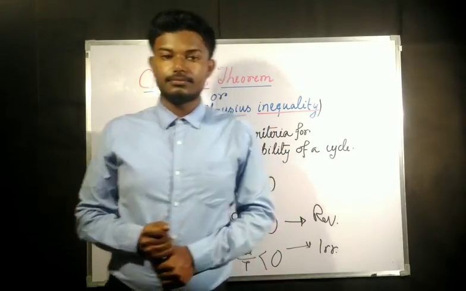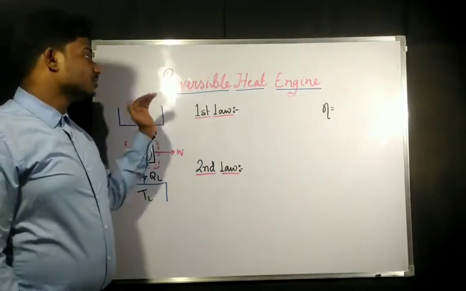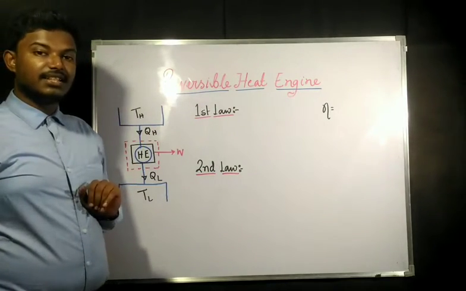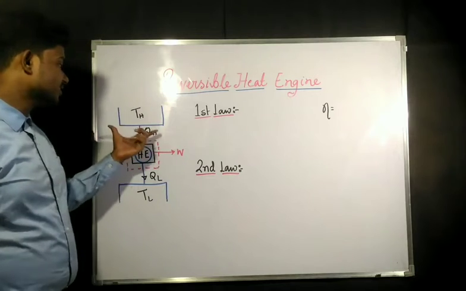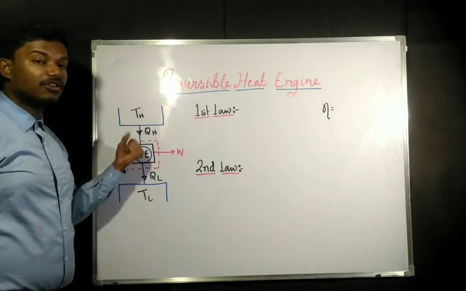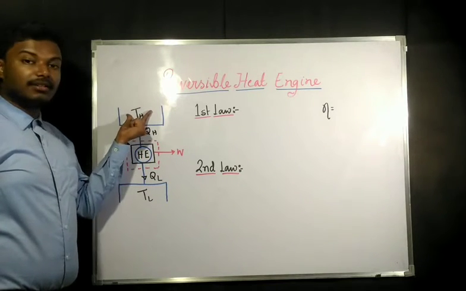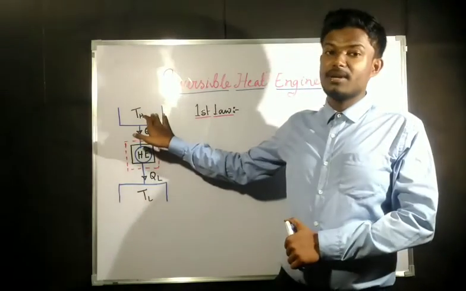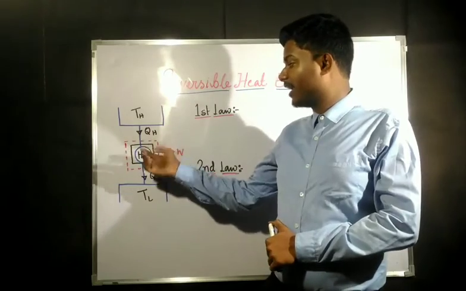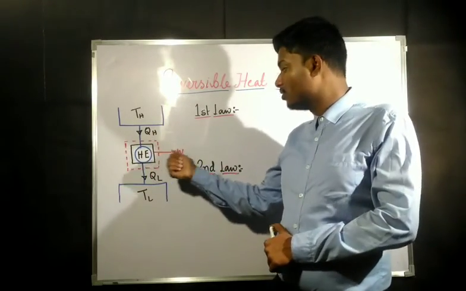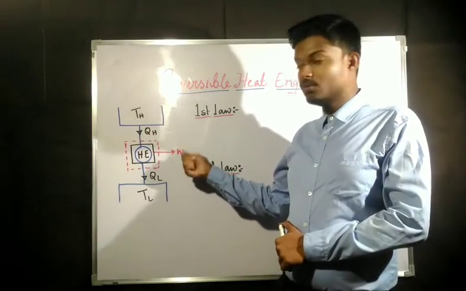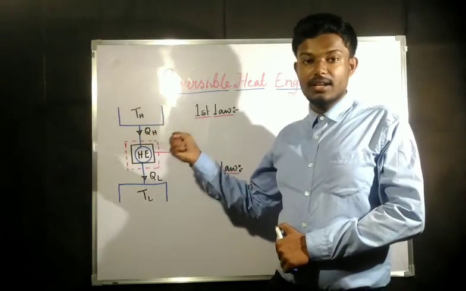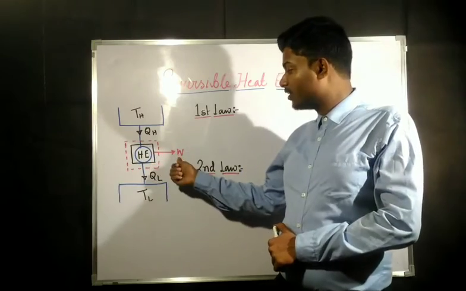The next topic we are going to study is the reversible heat engine. Now what is a reversible heat engine? It is a device which takes heat from a higher temperature thermal reservoir and converts some of the heat into work, because it is impossible to convert complete heat into complete work.